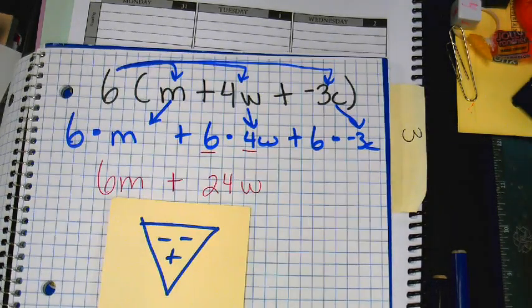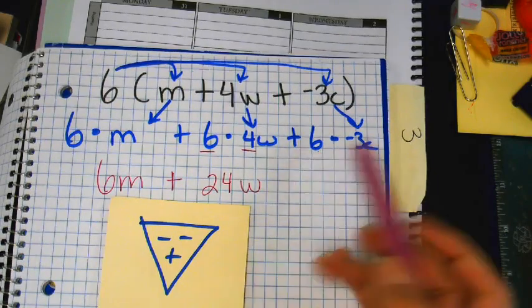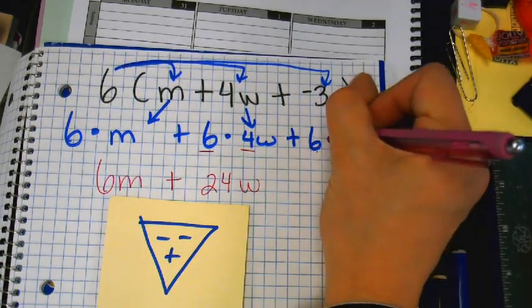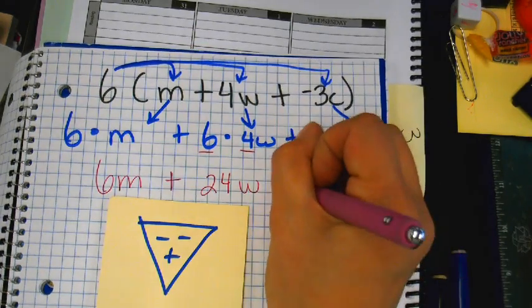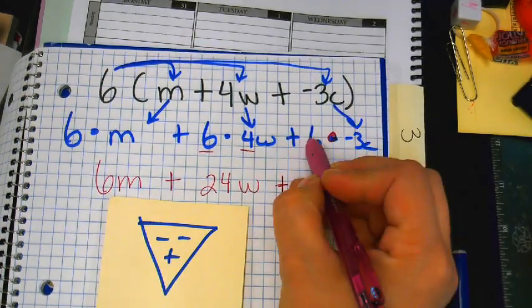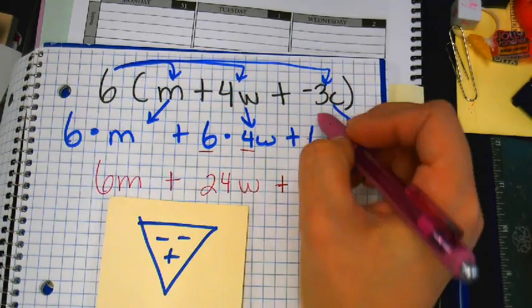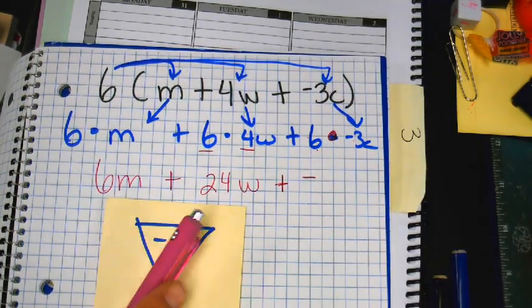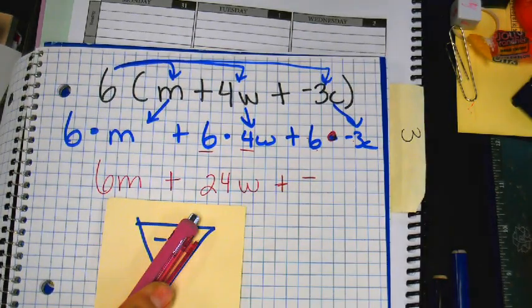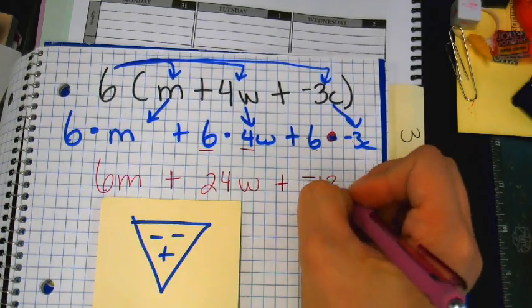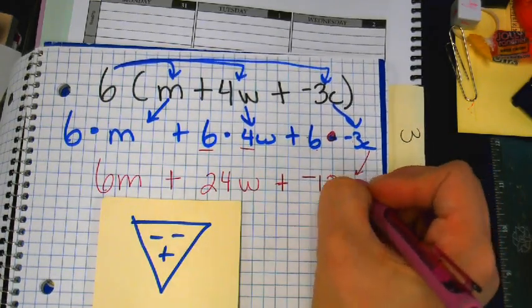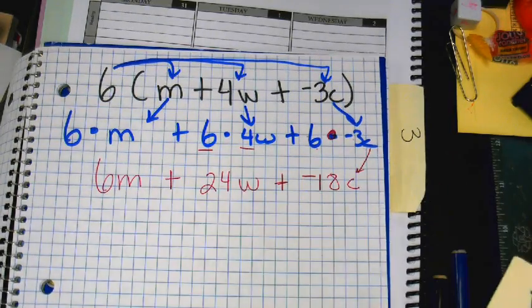Positive times a negative is negative. So plus negative, right? Because this is a positive and this is a negative, I would circle and circle. I'm left with a negative. What's 6 times negative 3? Negative 18. C. That's our answer, and that's your final answer.